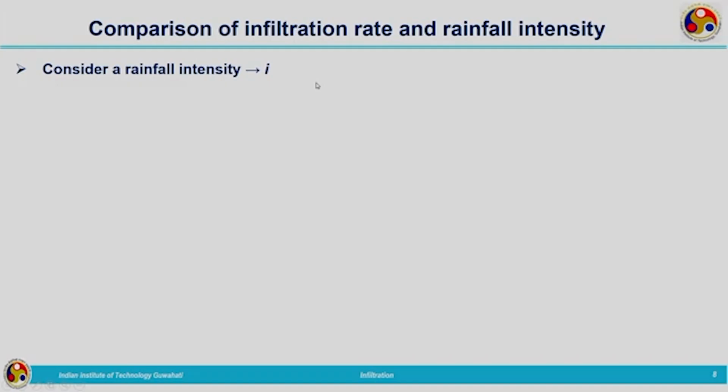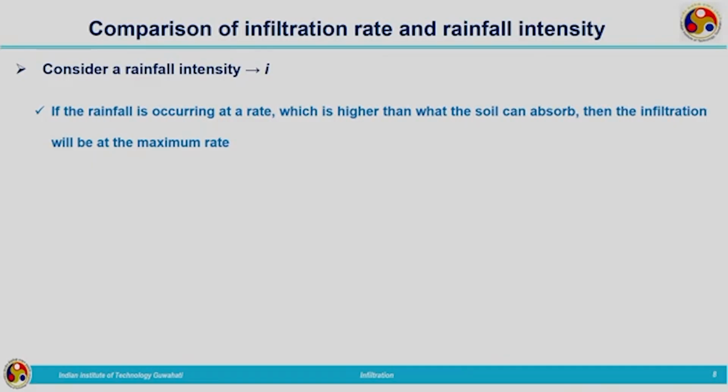So, consider a rainfall intensity I, and if the rainfall is occurring at a rate which is higher than what the soil can absorb, then the infiltration will be at the maximum rate. The intensity of rainfall is very high compared to the water which can be absorbed by the soil as infiltration rate.